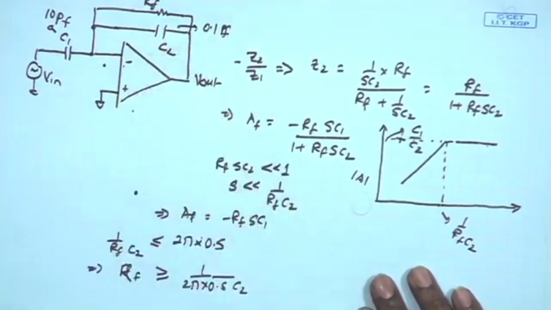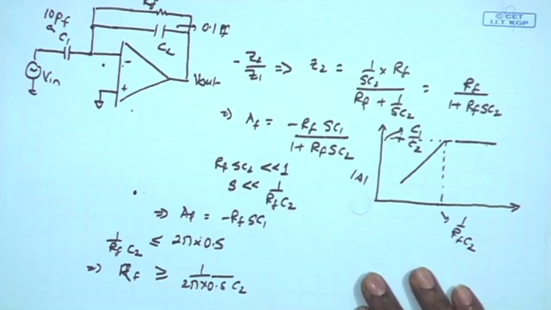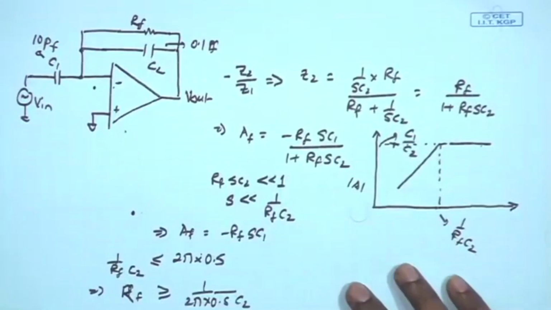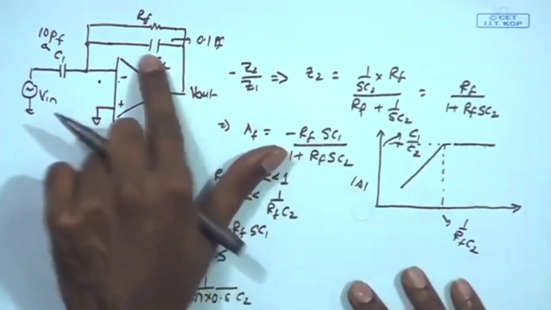So, in that case C2 is 100 femtofarad, and once again we have to make sure that the smallest value of C2 that we choose is sufficiently higher than the parasitic capacitance of the MOSFETs in the operational amplifier, otherwise you will not get a precise gain. So, that will be the lower limit on C2.